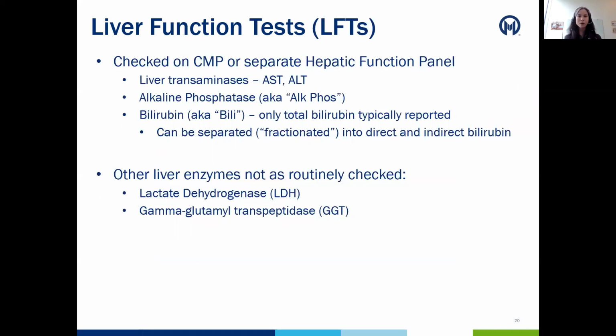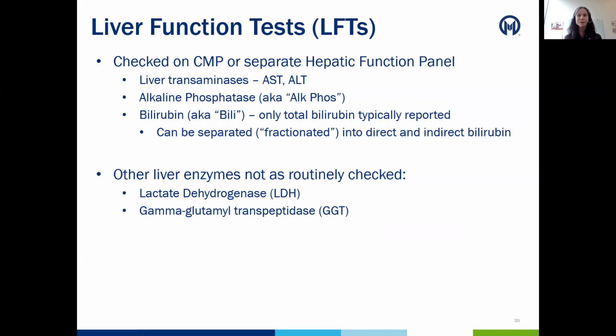And then there are more gallbladder and biliary, or bile duct system, related tests that often go hand in hand with the liver, including alkaline phosphatase. We often shorten the term to ALK-Phos, or bilirubin, or Bili. Only the total bilirubin is typically reported on a CMP, but this can be separated out into direct and indirect bilirubin. And I'll go into what those exactly mean later.